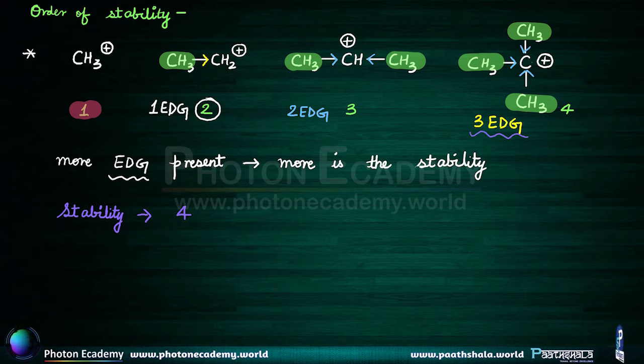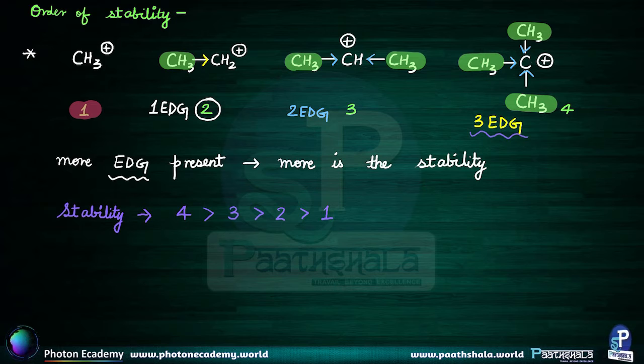So 4 is greater than 3, is greater than 2, is greater than 1. So this is the order of stability that we wanted.